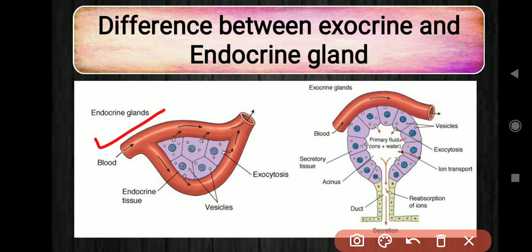And the endocrine gland synthesizes and secretes substances directly into the blood, and we call them hormones. So exocrine gland secretion we call enzymes, and endocrine gland secretion we call hormones.